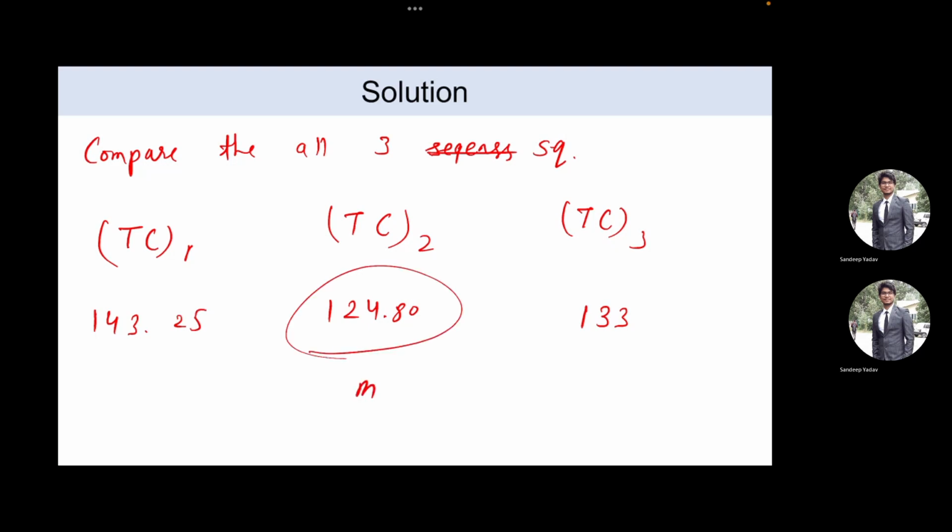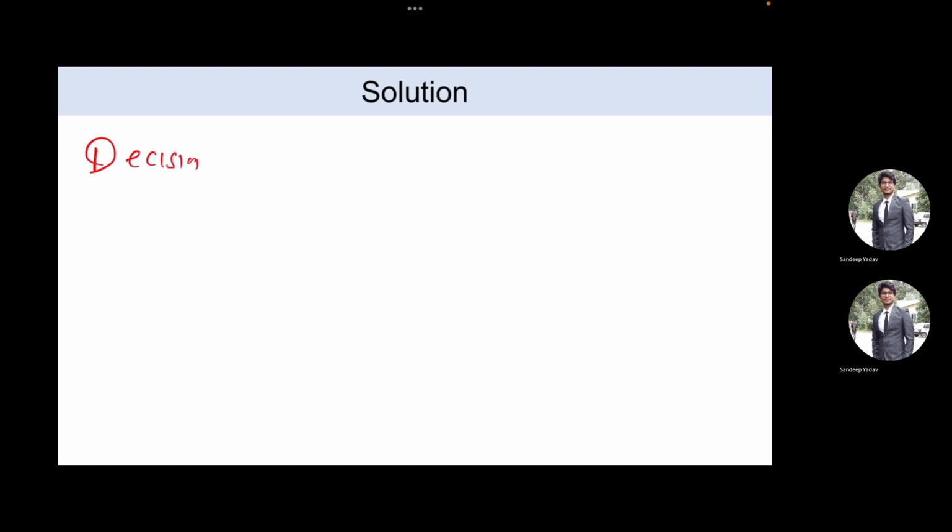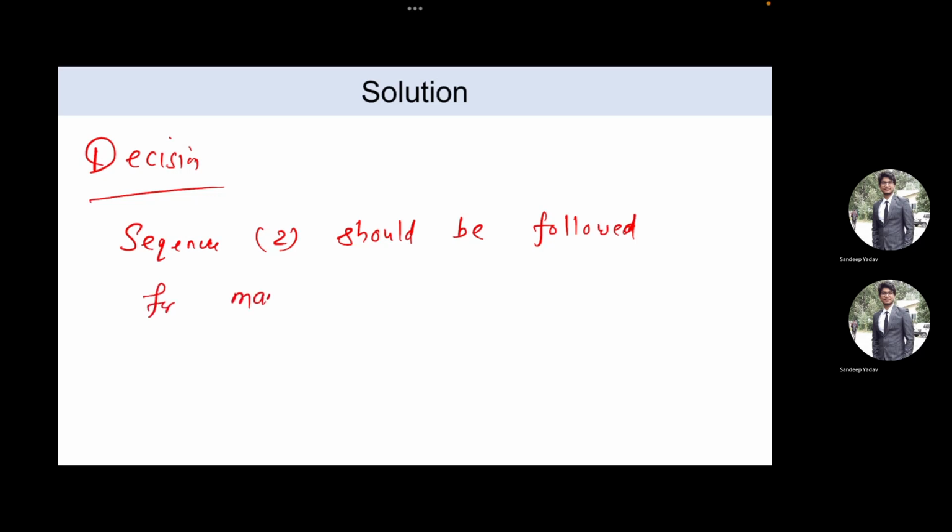So 124.80 was the minimum. Therefore, what should be our decision? Sequence 2 should be followed for manufacturing the component.